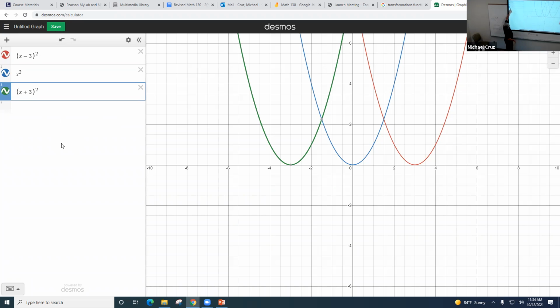So the red one, it was -3, but it causes a plus shift. For this one, the +3 causes the negative shift because it's x minus a negative. You have to have the negative sign in there. So the shift is whatever this number is with the negative sign. So if it's x + 3, it's x minus a -3. So it's a -3 shift. That's only for the x-axis, which is what we're working with here.